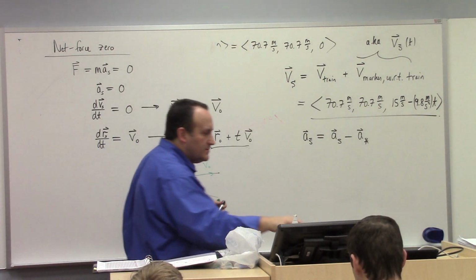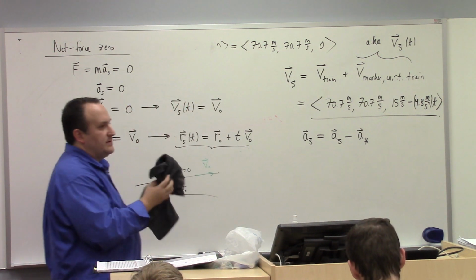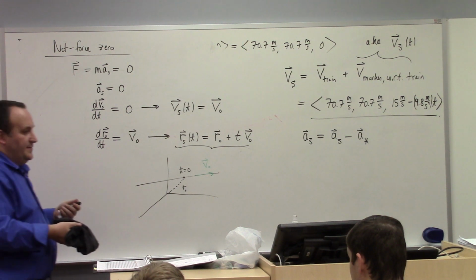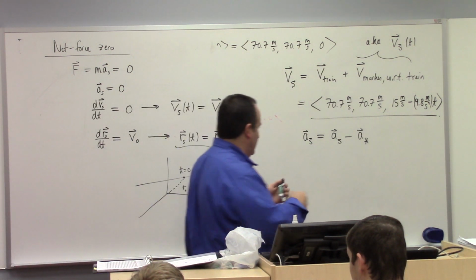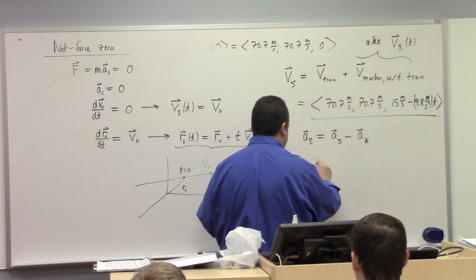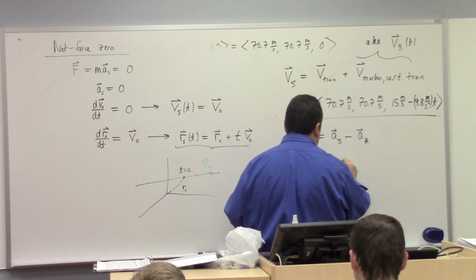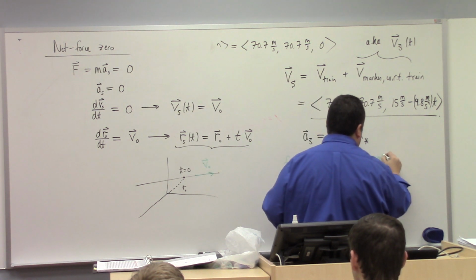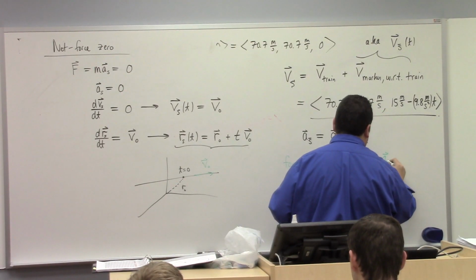So what's the problem here? Or what's the potential problem? If you're going to measure the force in the S-bar system, how would you do it? Equals what? Mass times the acceleration in the S-bar system, yeah?